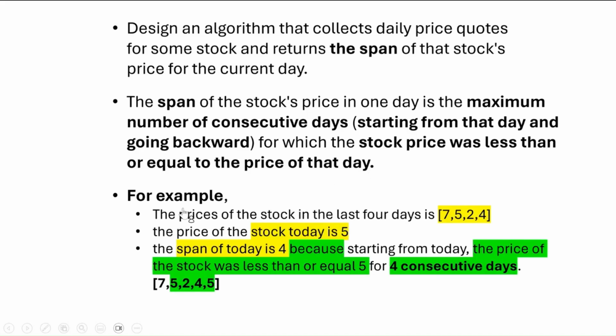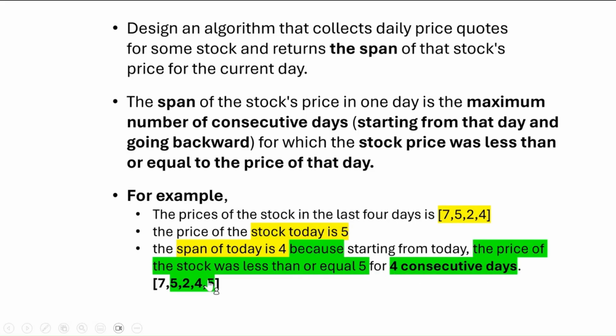For example, let's say the prices of the stock in the last 4 days are 7, 5, 2, 4 and the price of the stock today is 5. When we pass this price of the stock today, 5, to our algorithm, the algorithm should return the span of today as 4 as an output, because starting from today, the price of the stock was less than or equal to 5 for 4 consecutive days.